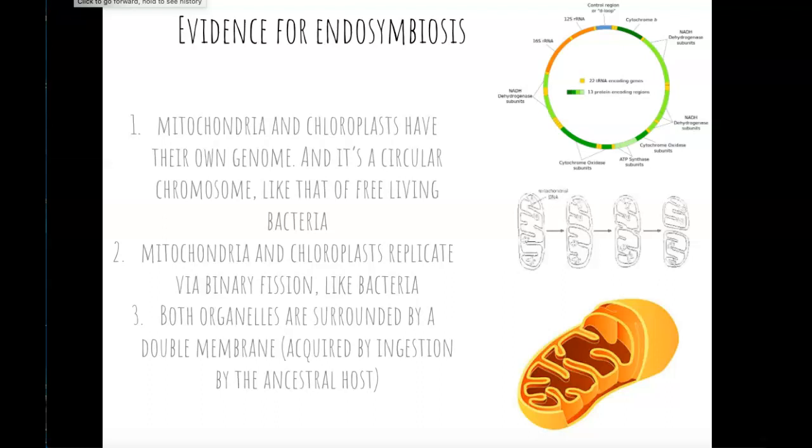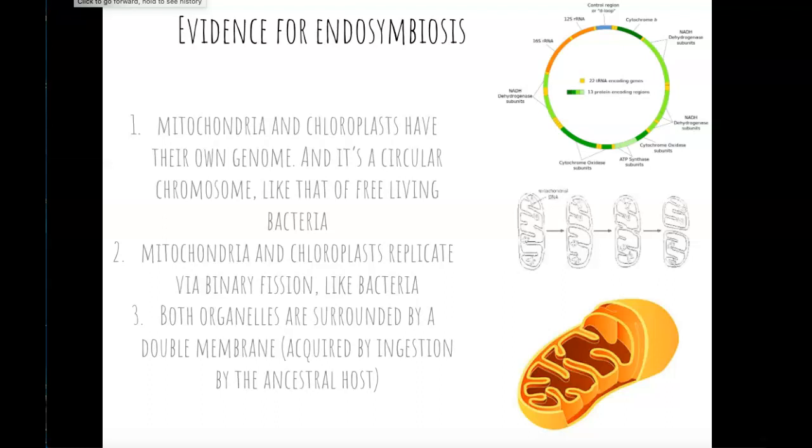The second evidence is that mitochondria and chloroplasts both replicate via binary fission like bacteria do. So when we think about what that could mean, you in general will inherit all of your mitochondria from your mother's egg cells.